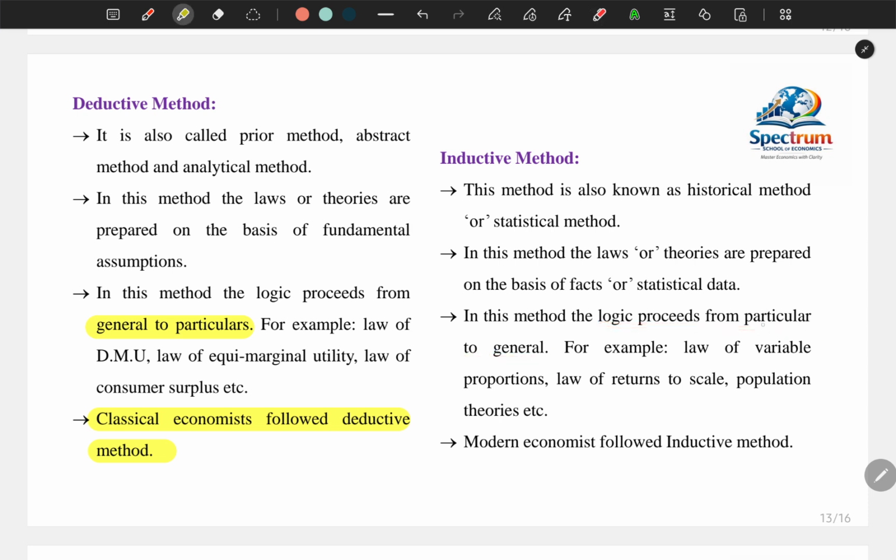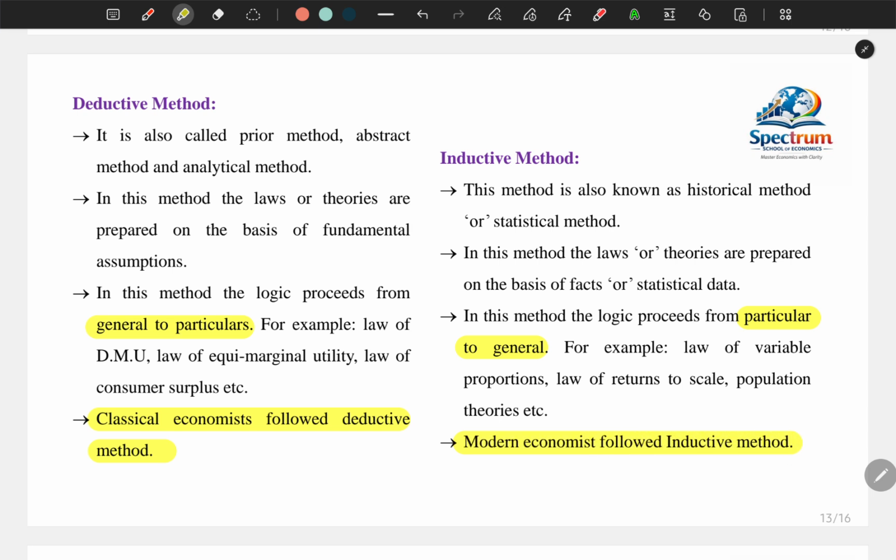Here you can highlight this: particular to general, while in the deductive method it is general to particular. Keep this in mind carefully. For example, law of variable proportions, law of returns to scale, population theories, etc. Modern economists followed the inductive method.